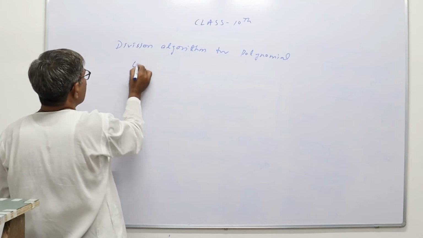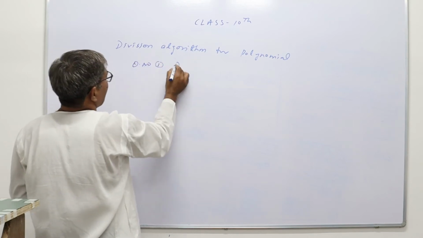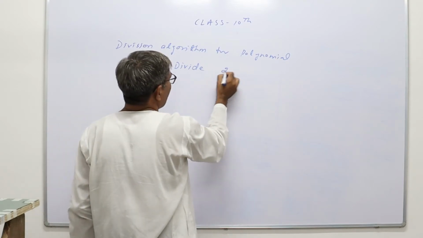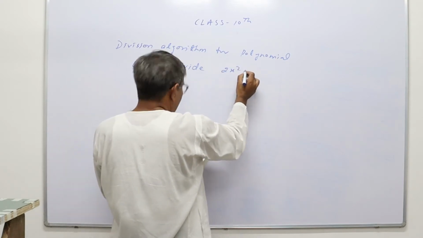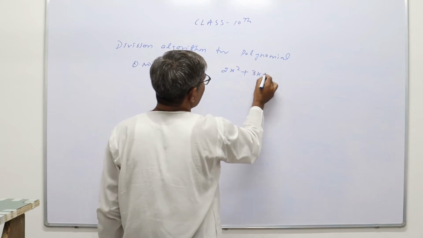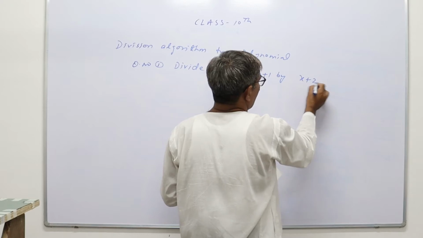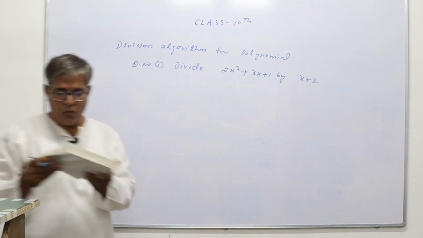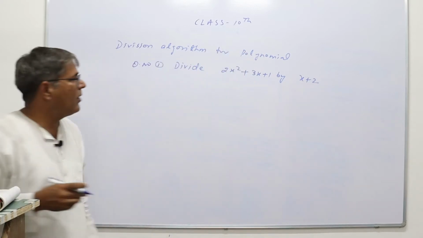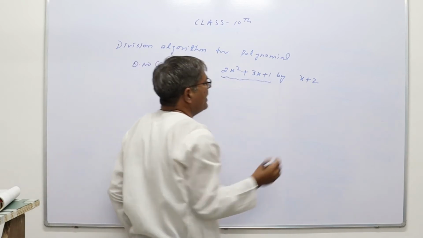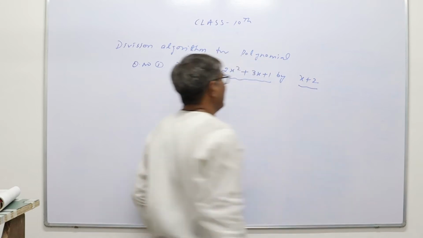Question number one. Divide the polynomial 2x square plus 3x plus 1 by x plus 2. So, we have been given two polynomials, one is 2x square plus 3x plus 1 and the other is x plus 2.